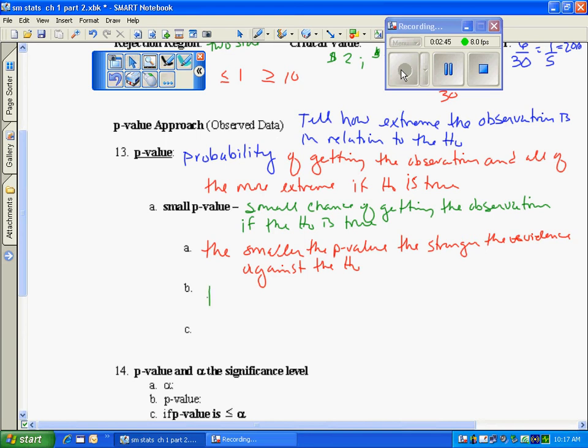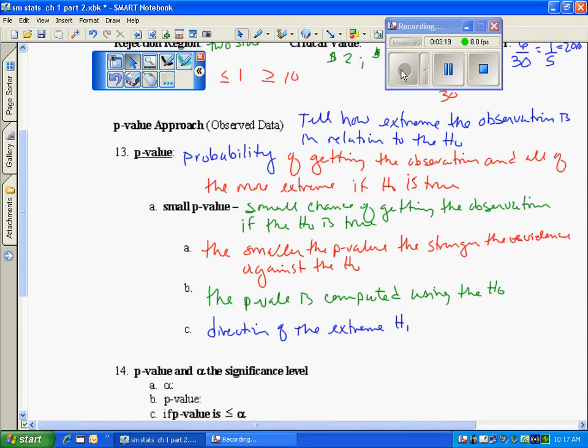That's what we were doing earlier when we were looking in the null and grabbing how likely is a $1 voucher. So the p-value is calculated using the null. Not the alternative at all, using the null. The direction of the extreme comes from the alternative.